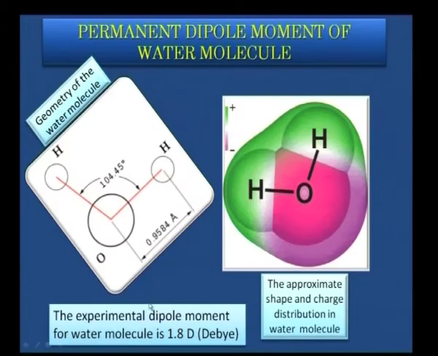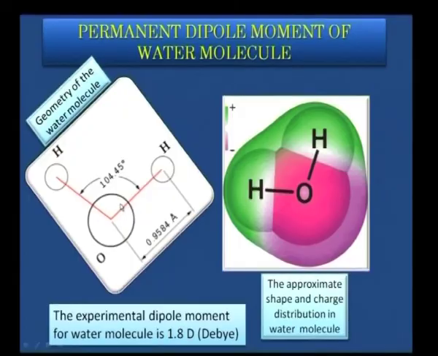Now, let us look at the water molecule. You can perform X-ray diffraction to understand the structure of the water molecule. The water molecule consists of two hydrogen atoms and an oxygen atom at the center, that is H2O.